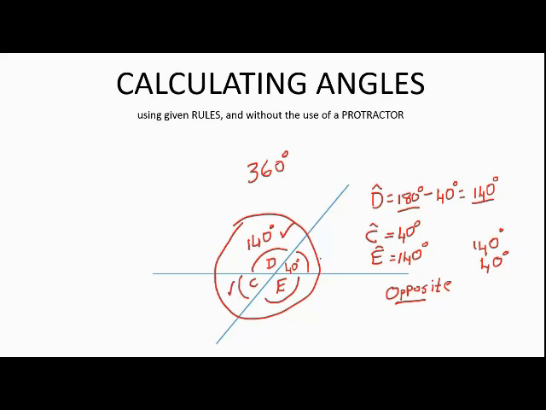We've got this angle, which we know is 40 degrees. And angle E, we've said, is 140 degrees. So if we add them all up, we get 4 4s are 16. We carry the 1, 1, 2, 3. We end up with our 360 degrees for a complete rotation.